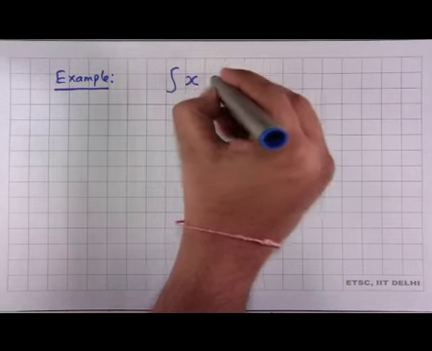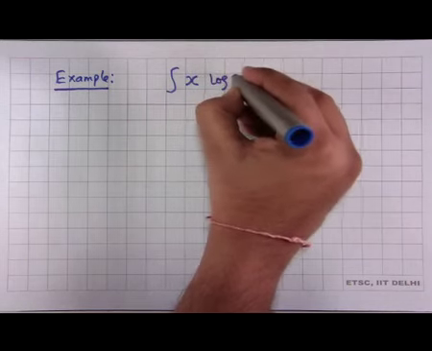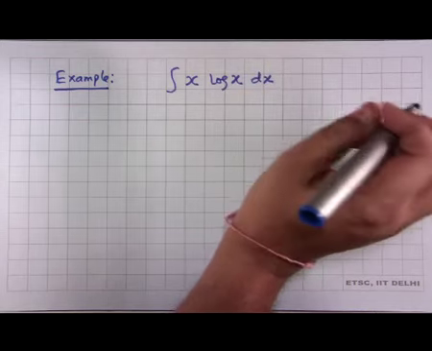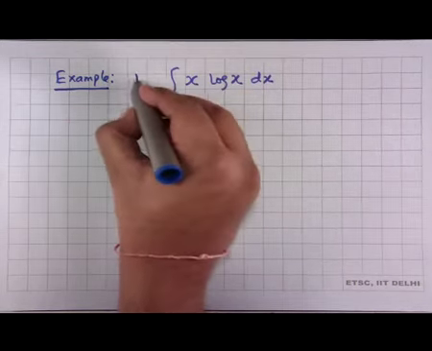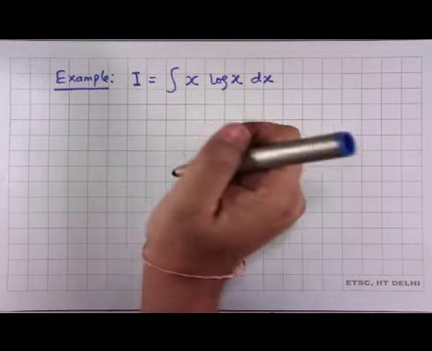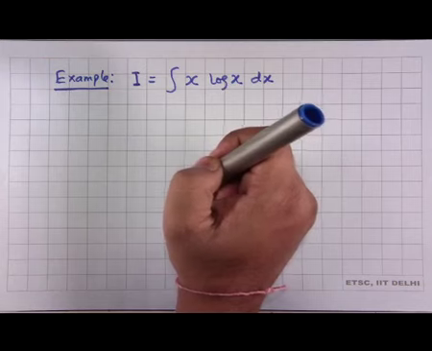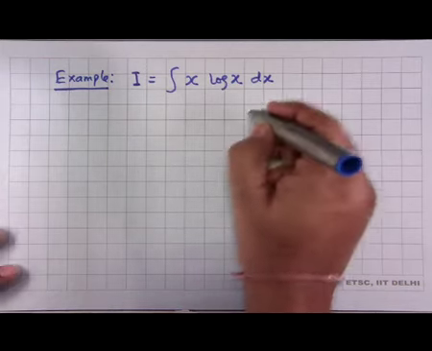to figure out which function should be chosen as first function and which function should be chosen as second function. So, assume that we have to find the integral of x log x. What if I use my similar trick?